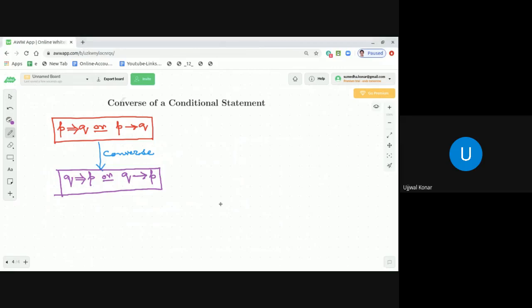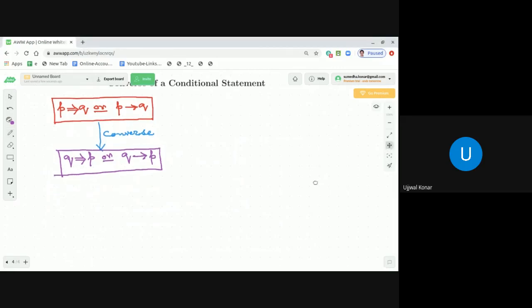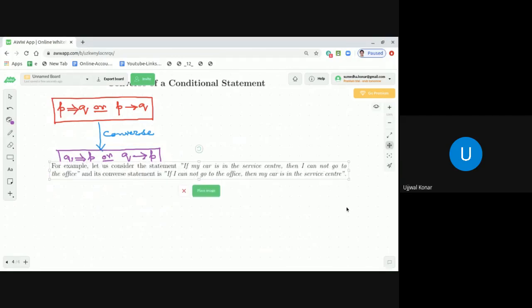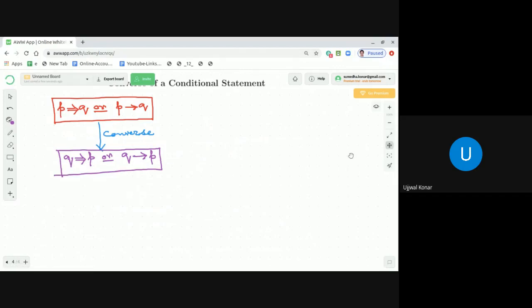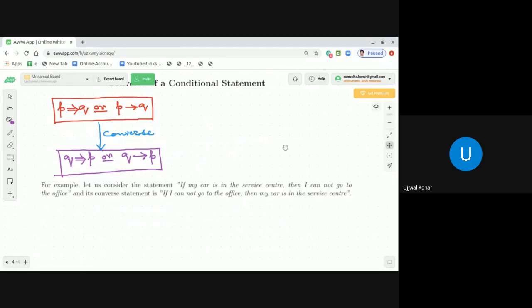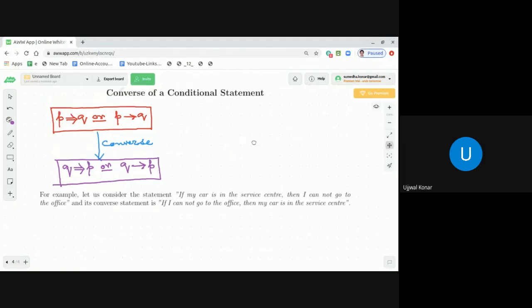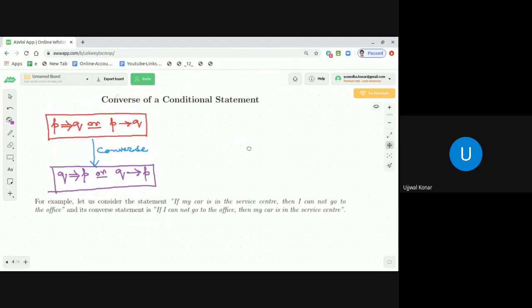So what I was actually referring to is something like this. For example, if the statement is: if my car is in the service center, then I cannot go to the office.